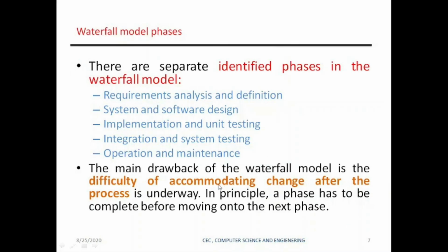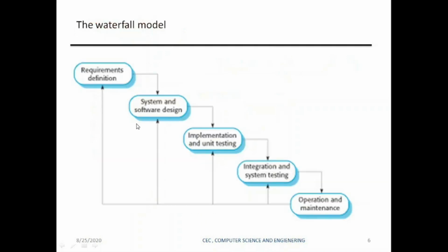The main drawback of the waterfall model is the difficulty of accommodating changes after the process is underway. Once processing has started, if the customer requires any changes, it is not possible.